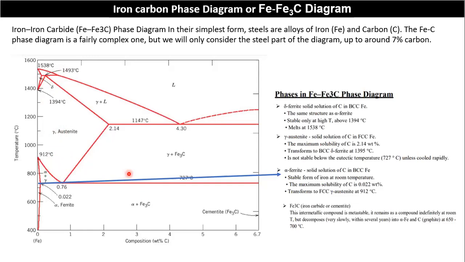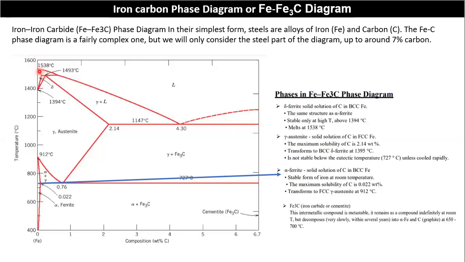In the previous class I already said that pure iron has three types of steps, which is important at the initial and secondary, and the stable form of iron at room temperature. So here the iron is stable. Why? Because the same structure will be formed, BCC and BCC.